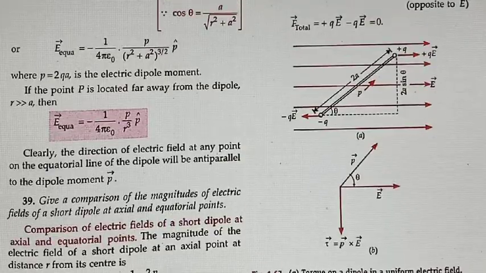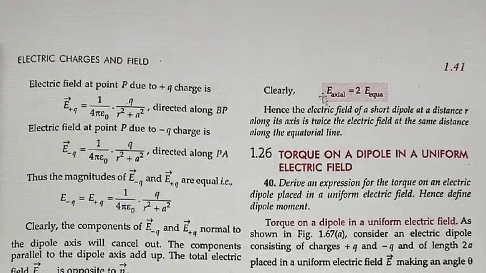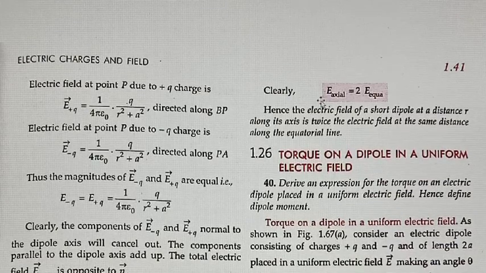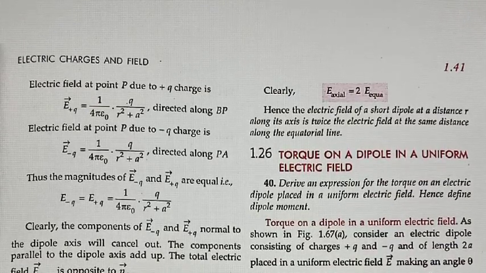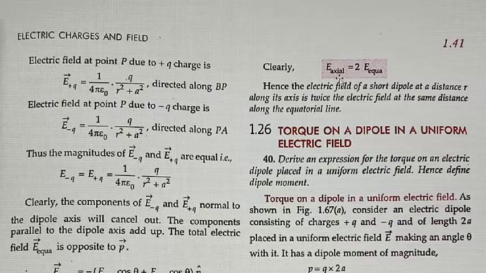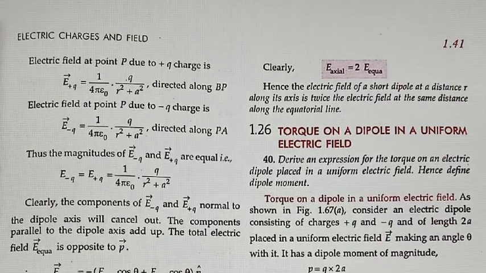That is the only difference. So we can conclude that E axial is equal to twice E equatorial. So this is the relationship between electric field due to an electric dipole at an axial point and at an equatorial point.